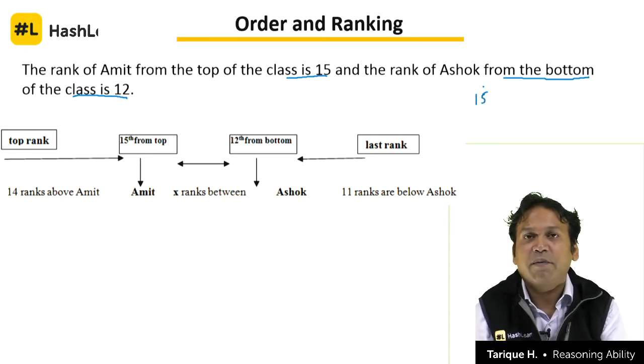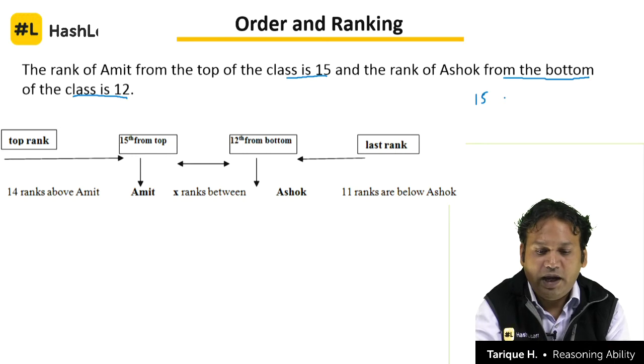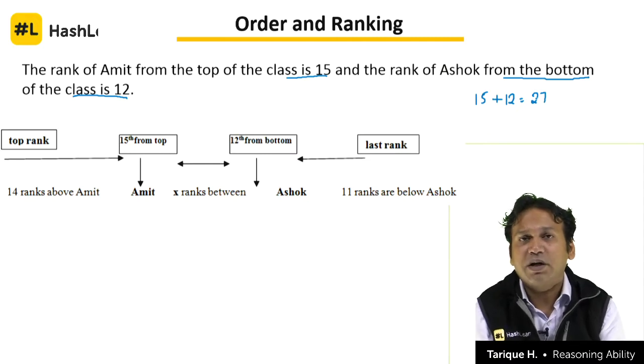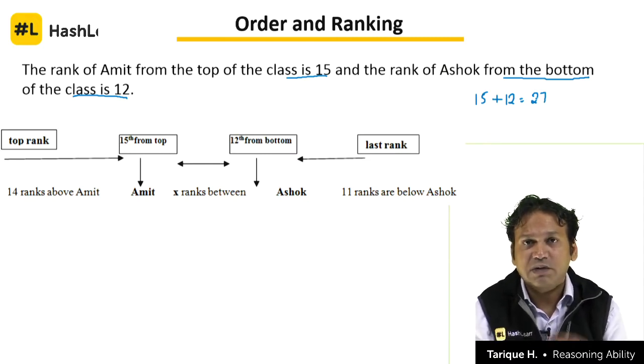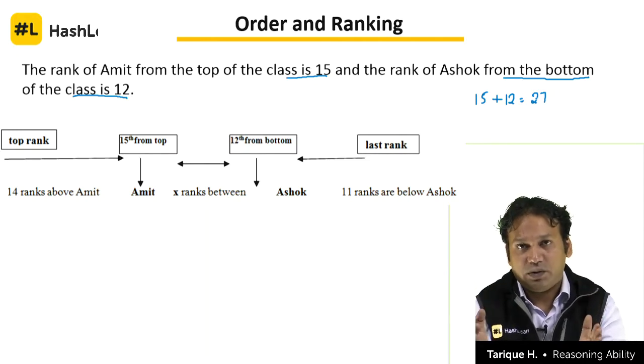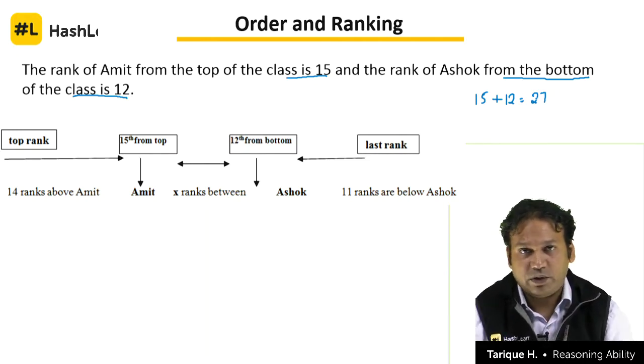Amit's rank is 15 from the top and Ashok's rank is 12 from the bottom, so 15 plus 12 is 27. Let's say that there are more than 27 students in the class. In that case, what will happen? Amit will be ranked higher than Ashok.